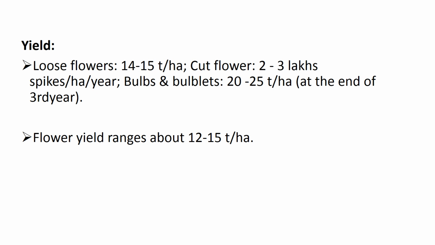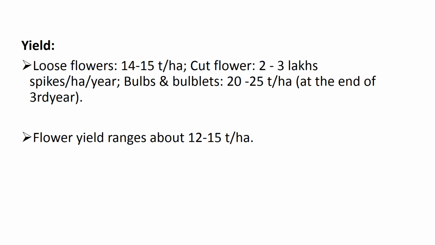Loose flower yield is around 14 to 15 ton per hectare, and cut flower yield is around 2 to 3 lakh spikes per hectare per year, and bulb and bulblets around 20 to 25 ton per hectare at the end of the third year, because bulb and bulblets are also important for the next season. Overall, flower yield ranges about 12 to 15 ton per hectare. Don't confuse with bulb and bulblets.